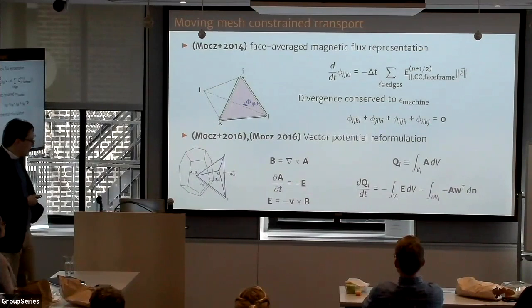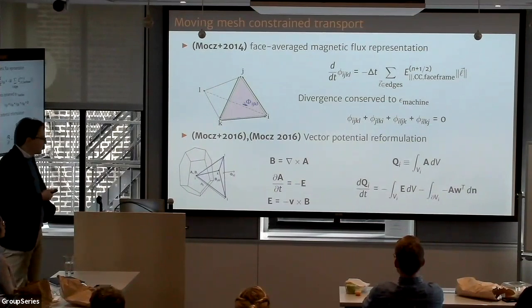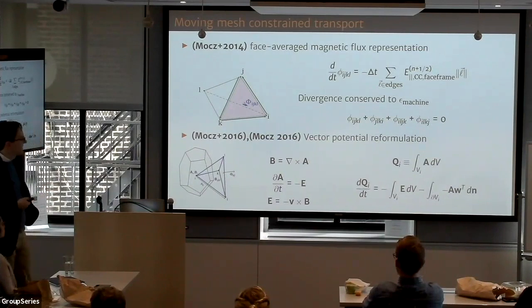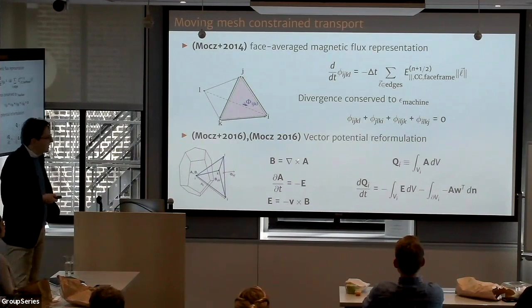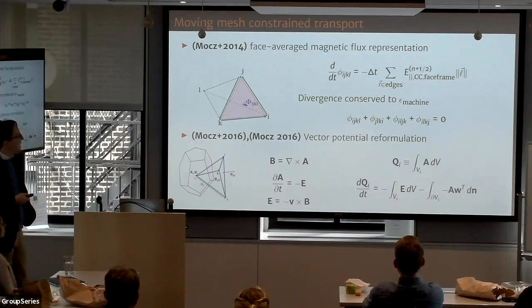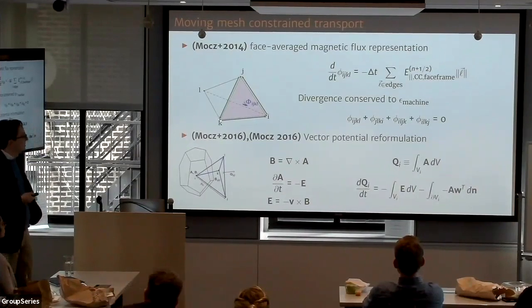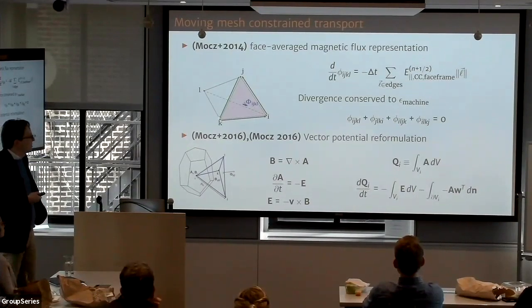But it turns out you can actually come up with vector potential formulations that are equivalent to constructing a constraint transport algorithm. Vector potential means that you define this vector A, for which the curl of A gives you the magnetic field. And this allows you to transform your problem from faces to edges.